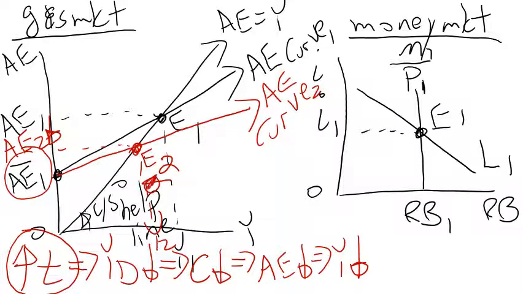GDP decreases. All right. So as this graph shows, AE decreased from E1 to E2, and GDP decreased from Y1 to Y2.